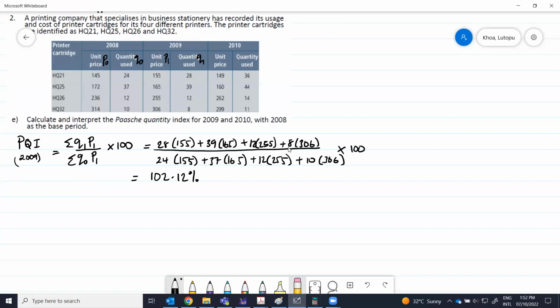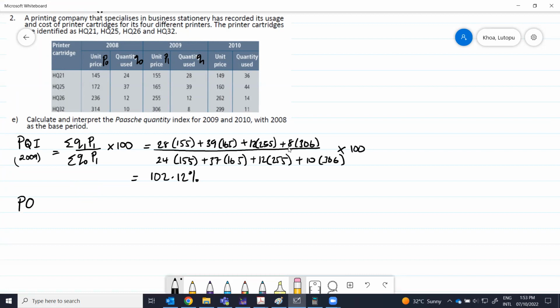Okay, so there's an increase of 2.12%, and I believe the Laspeyres for 2009 was also an increase. The value wasn't exactly the same, but there was also an increase. So as you're working these out, just check my calculations, make sure that you do them correctly.